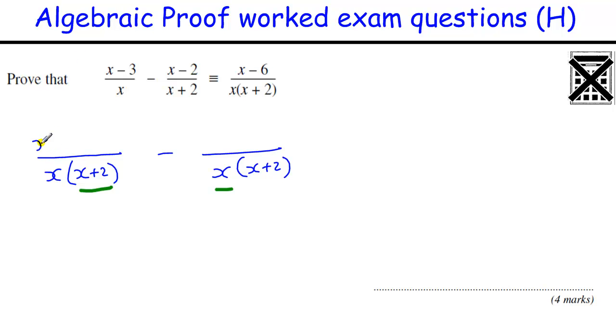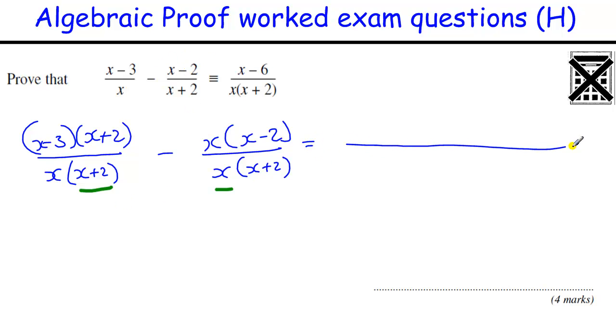So I've got x plus x minus 3. x minus 3, x plus 2, and the second one I've times by the x. I've got x lots of x minus 2, because it's minus 2 there to start with.